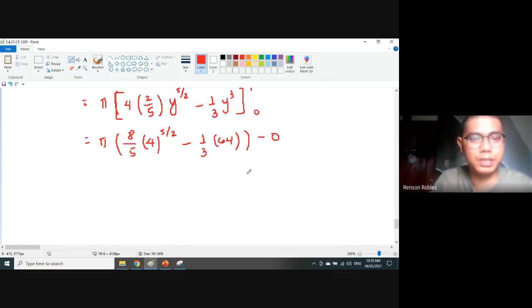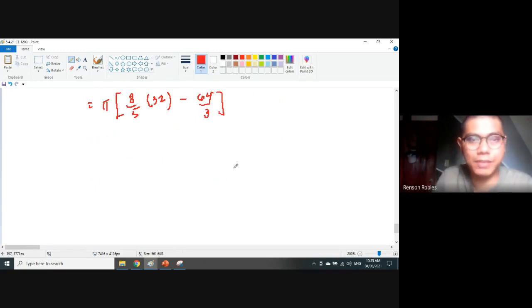You have, what is this? Equals pi times 8 over 5. This is the square root of 4, 2 to the 5th power is 32, minus 64 over 3. Then we can factor out 32 to make it a little simpler. 32 pi times 8 over 5 minus, there will be 2 here, over 3.